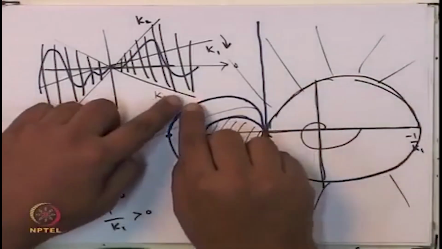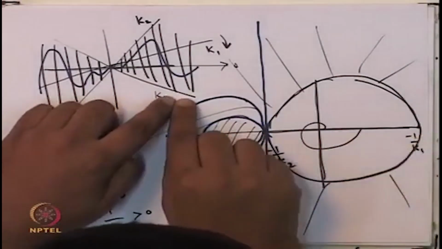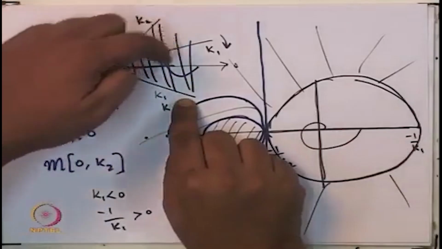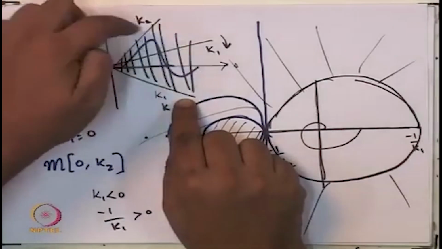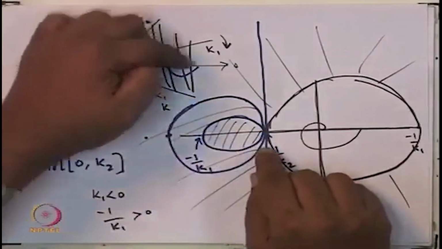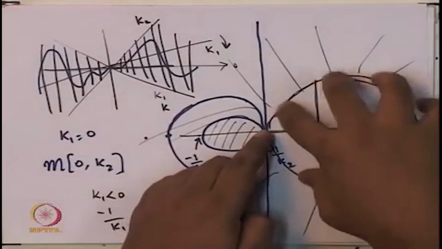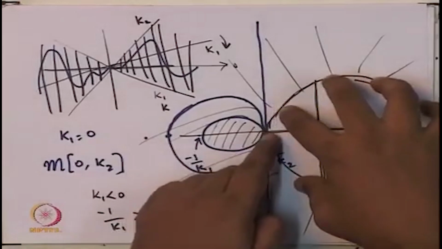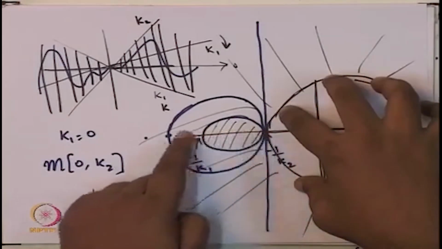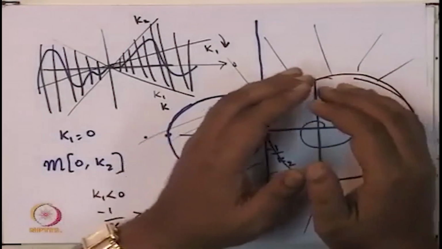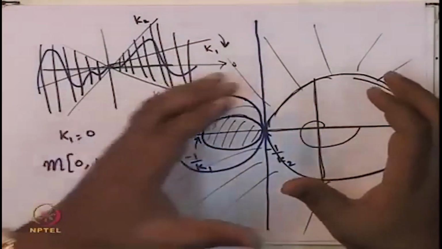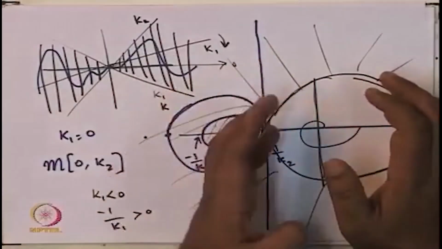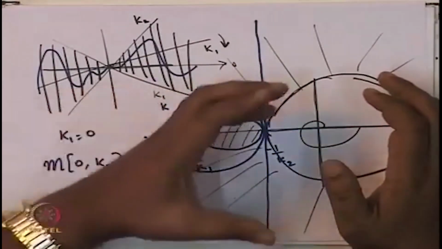Yeah. Now, if you keep this k1 constant here and now start moving k2. So, k1 has a negative slope and now you start moving k2. As you bring k2 down, this nice region is going to keep expanding, because this minus 1 by k1 is constant and minus 1 by k2 keeps going further and further.